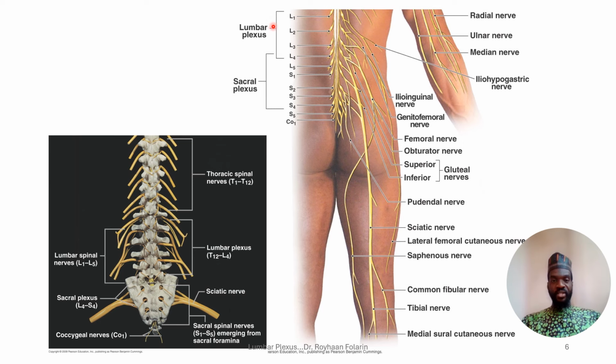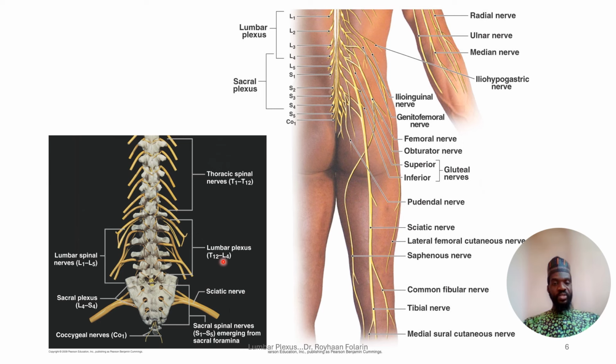So here you have the lumbar plexus, and you will notice that it is listed from L1 to L4. Let me quickly mention that I have also provided a second picture, a second perspective, which takes cognizance of the fact that once in a while, even though it's not always, you have a contribution to the lumbar plexus from the T12 nerve.